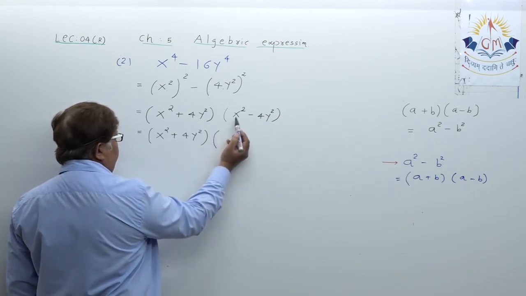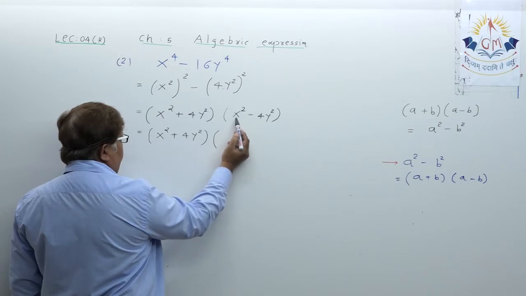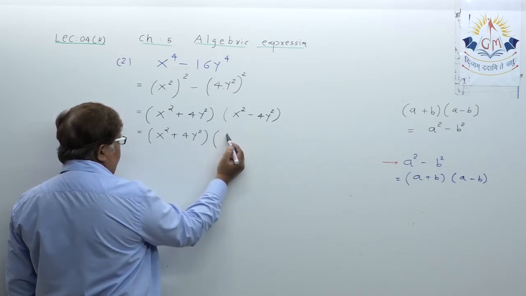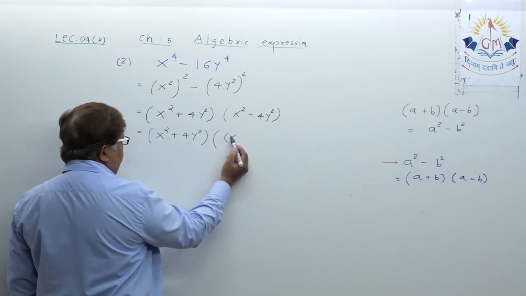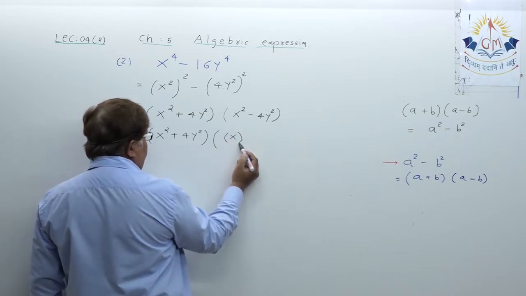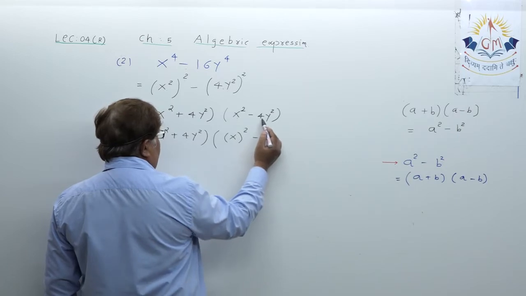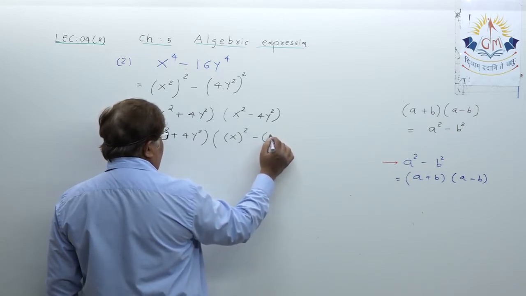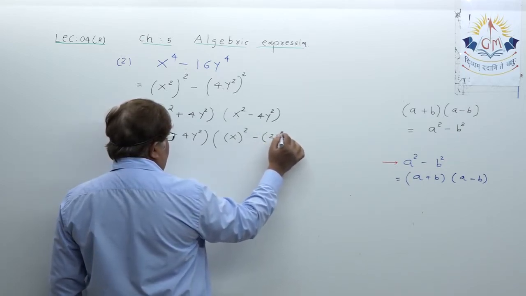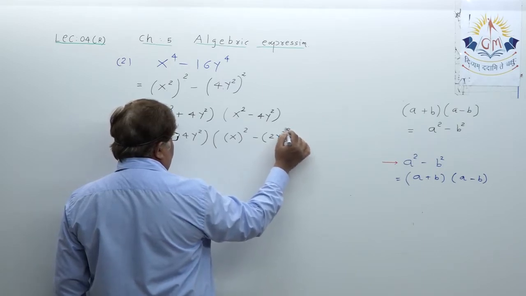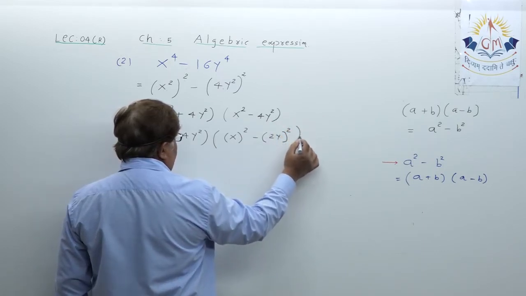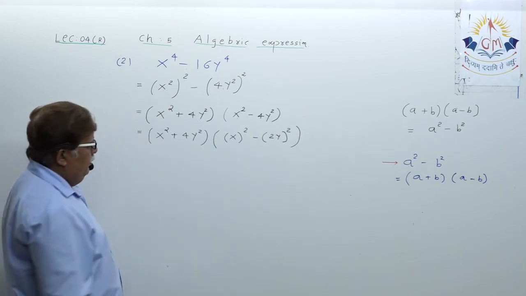What is the first step? Take out the square root. What is that? x whole square. Take out the square root of this, 2y whole square, and close the main bracket.